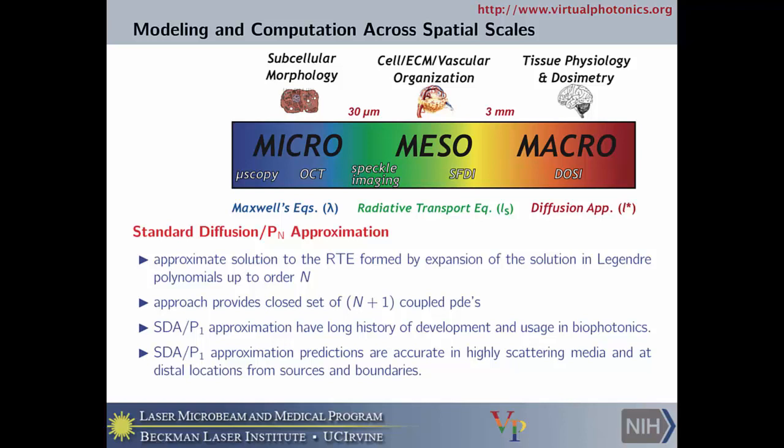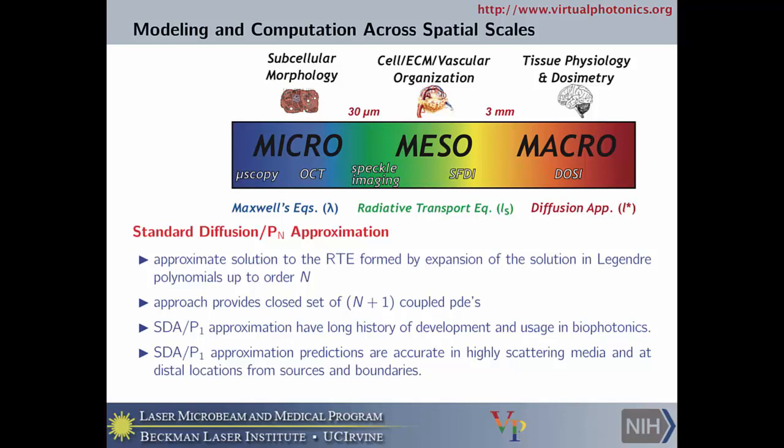And so in that case, you can actually make further approximations to this radiance. We talked about the radiance within the radiative transport context, which is a complete description of the spatial and angular distribution of light. And you can approximate the angular distribution of light using Legendre polynomials, which is a subset of spherical harmonics that assume azimuthal symmetry.